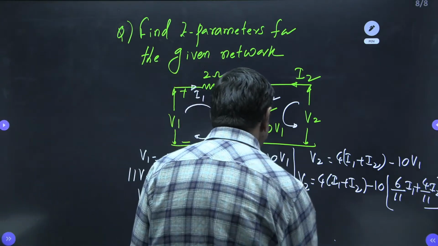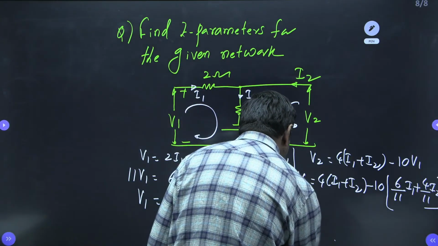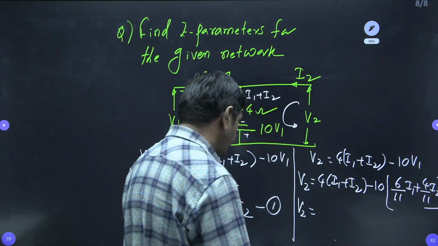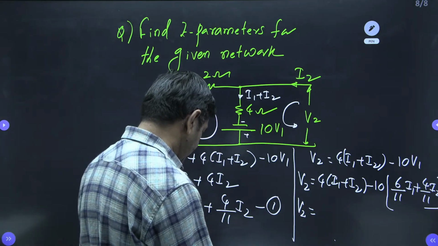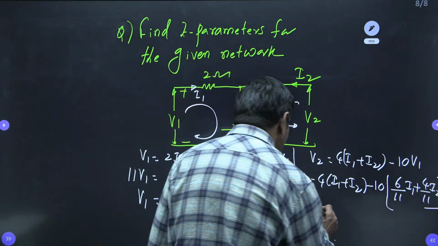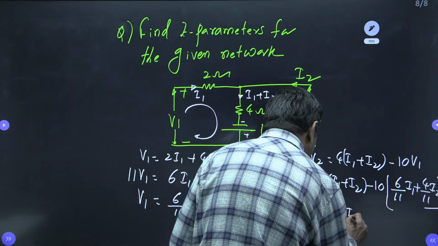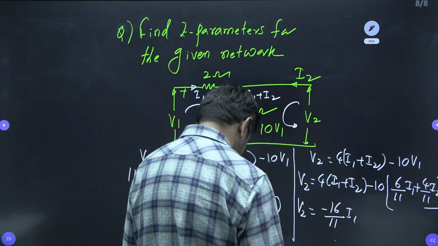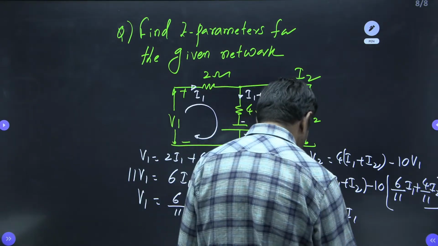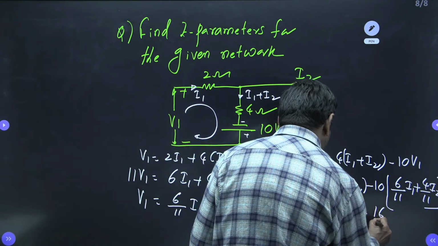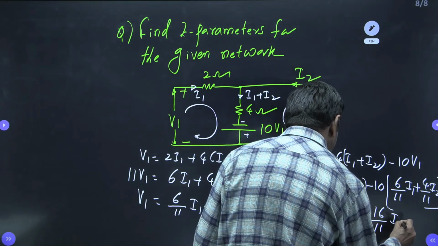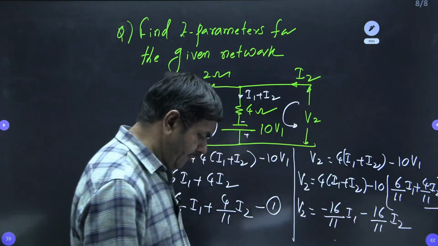If you simplify this, you will get V2 equal to minus 16 by 11 I1, and you will get minus 16 by 11 I2 also. Like that the equation will be forming finally.